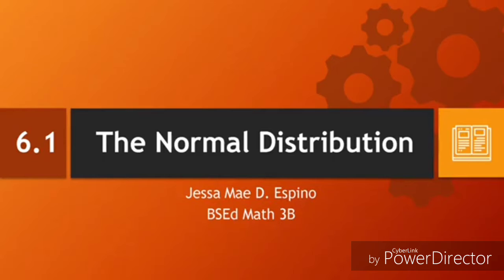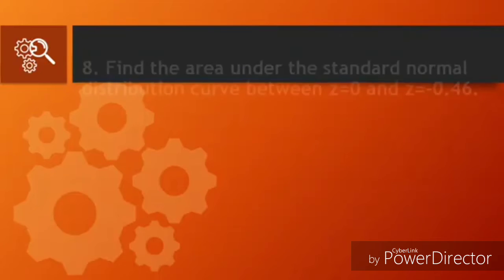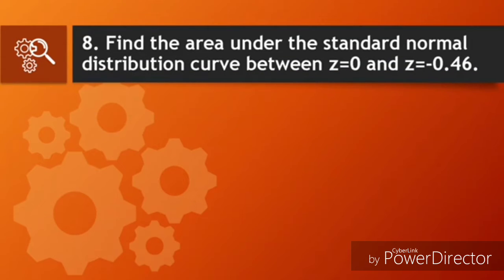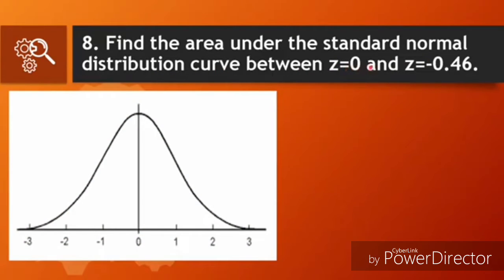The normal distribution. Number 8: Find the area under the standard normal distribution curve between z equal to 0 and z equal to negative 0.46.